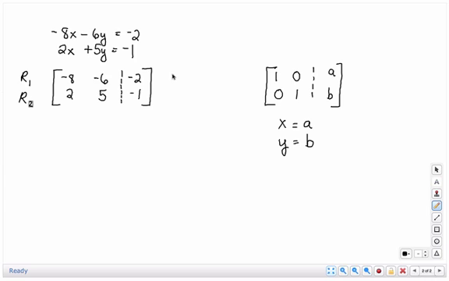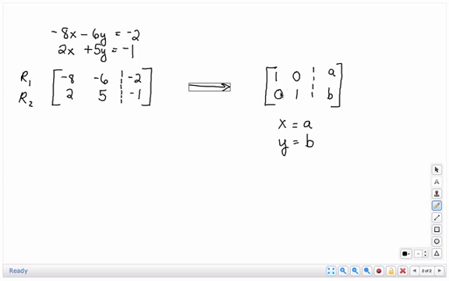Now your whole goal of all of this is, using multiplication and addition, to convert this into something that looks like this. So we want to have a 1 and a 0 here, and a 0 and a 1 here, and then the answers are going to be over here on this right side. Did you notice these are our x coordinates, these are our y coordinates.